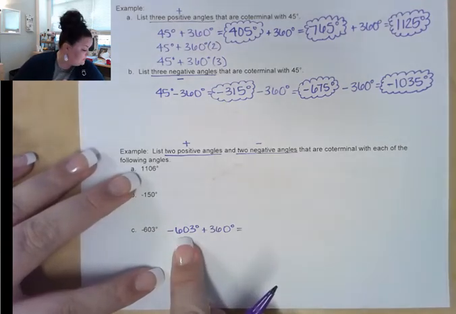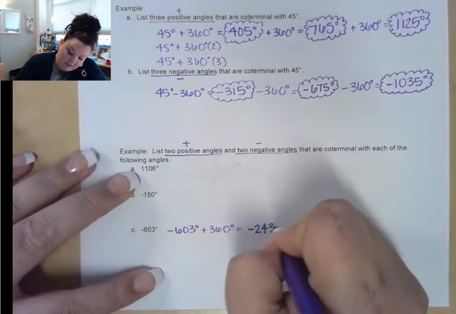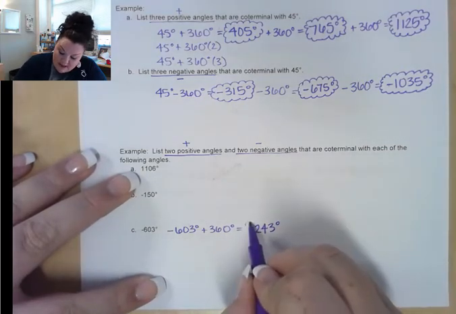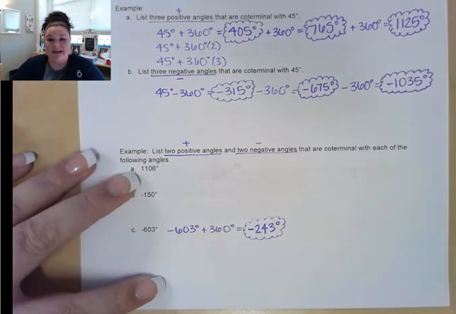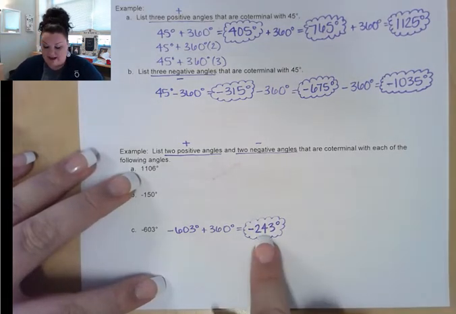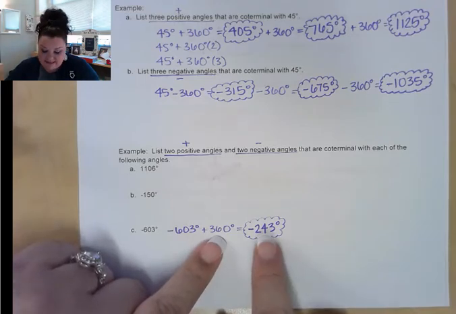Negative 603 plus 360 gives me a negative 243 degrees. So that gives me one of the negative angles that I needed, right? But I need another negative. Now, if I add 360 again, that's going to turn this into a positive number, right? So it's not going to give me any more negatives.